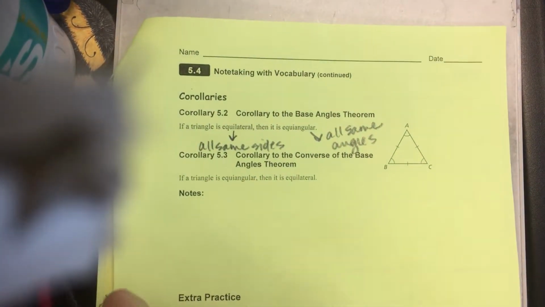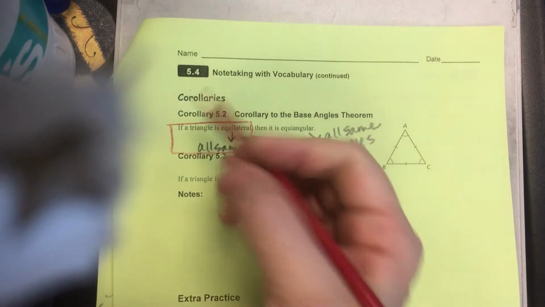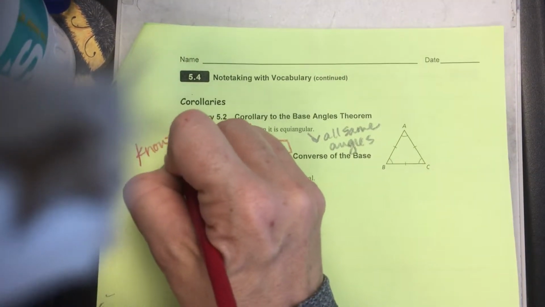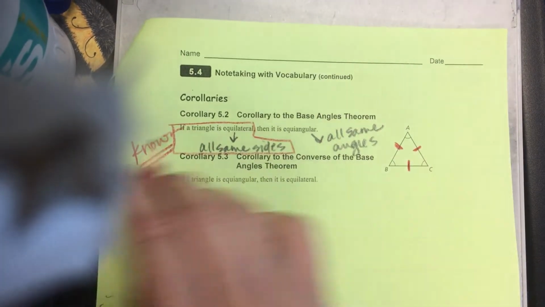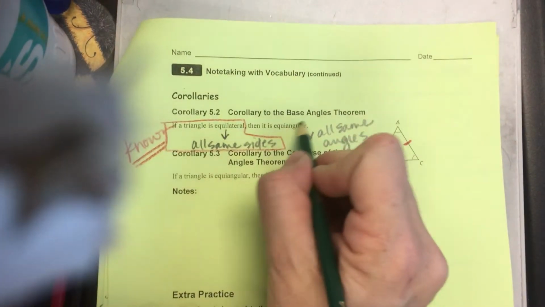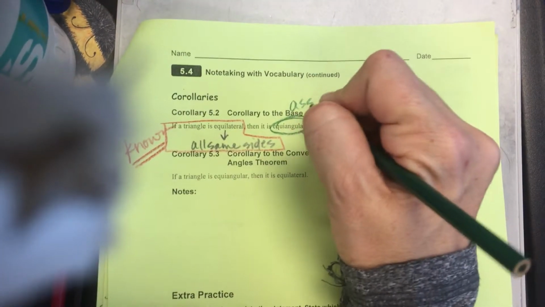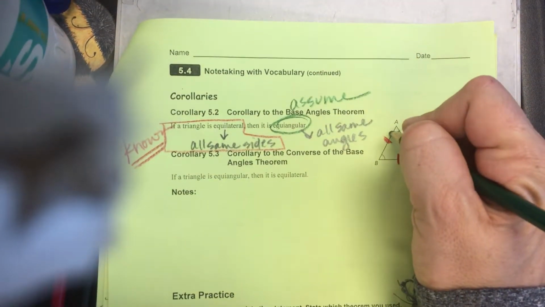And again, let's go with, if this is what is known, I'm marking in red. If that's what's known, this can be assumed. Page 253.